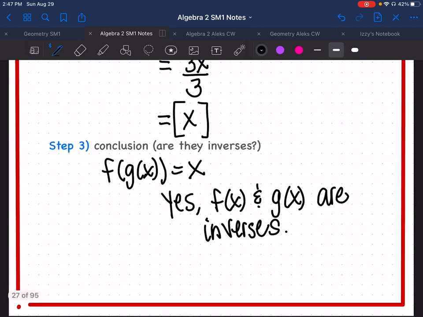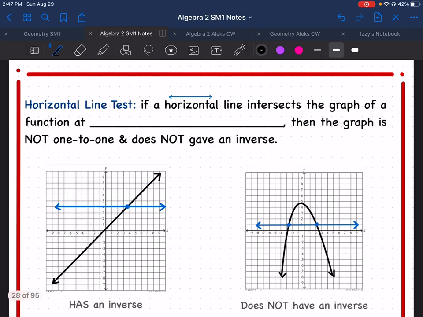The last thing that I want to talk about is the horizontal line test. Remember, this is what a horizontal line looks like.